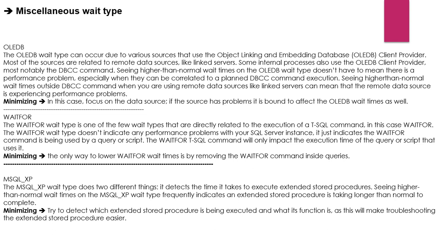Like we saw in one of the demos, we restarted the instance of a remote server, and at the same time we ran that query, and that query went into a suspended state, recording the OLEDB wait type. How can we minimize this? We need to focus on the data source. If the source has a problem, it is bound to affect the OLEDB wait types as well.